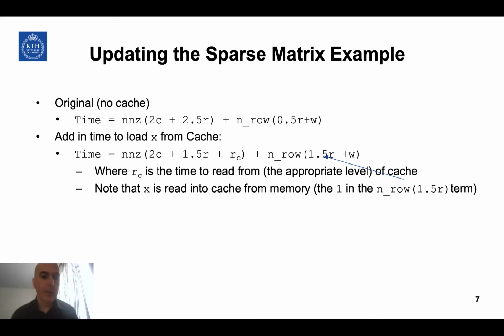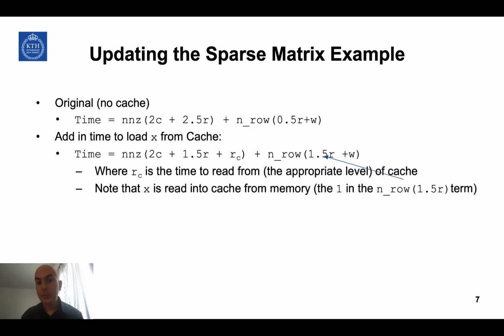So to take into account the cache performance, we introduce one more factor, RC, that is the time to read from the cache, right? So we add it here to read X from the cache.